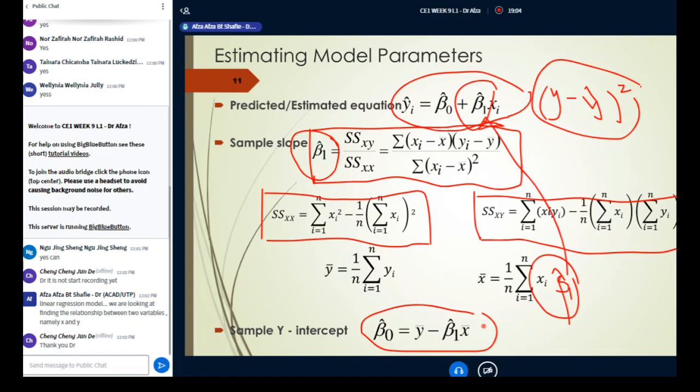Once we know beta naught hat and beta 1 hat, we know the equation: y hat is equal to beta naught hat plus beta 1 hat xi, or x1 in this case. y bar is of course the average of y, and x bar is the average of x. This is what we work on to get the values of beta naught hat and beta 1 hat.